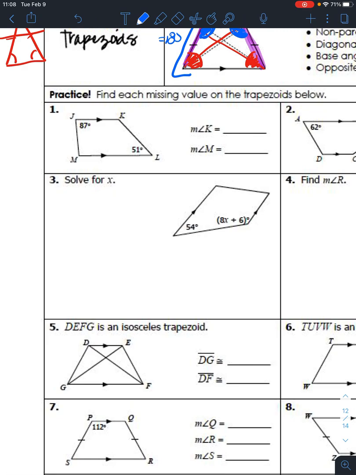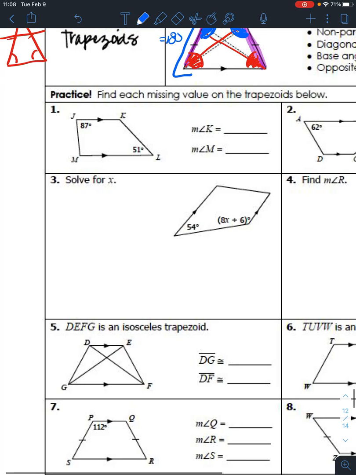So we've got this regular old trapezoid, not isosceles, and we want to find angle K and angle M. Here's where you have to be careful again. To find angle K, you're going to use the 51, not the 87. The mistake a lot of students make, like I said, is they want to do the ones on top together.